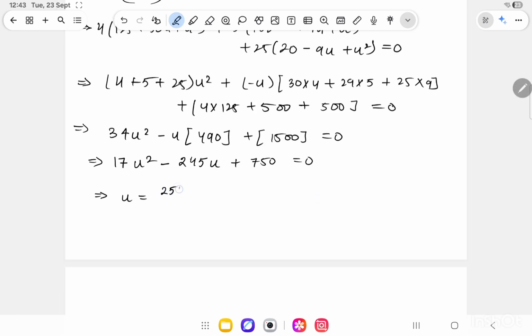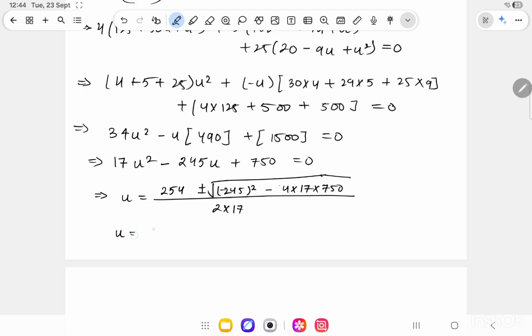So if I solve it, I'll get u as 245 plus minus under root 245 square minus 4 into 17 into 750, divided by 2 into 17. This is basically 9025 divided by 34.